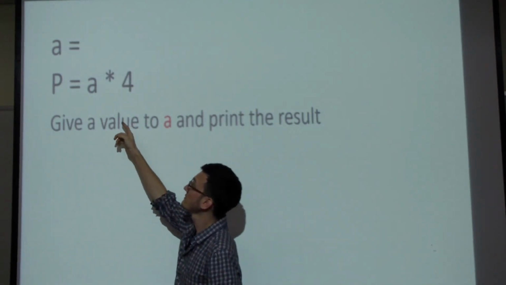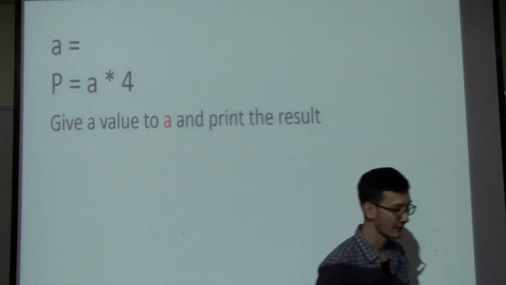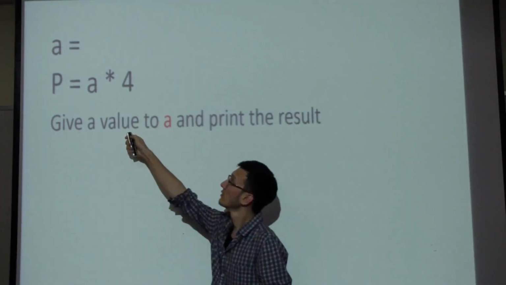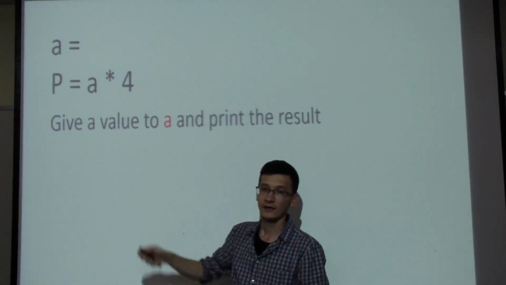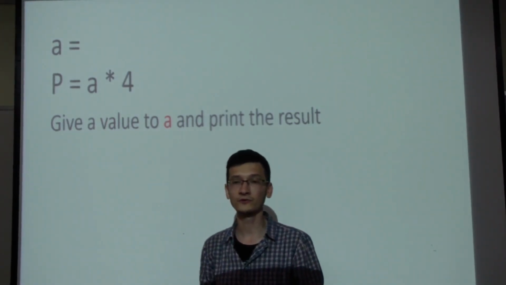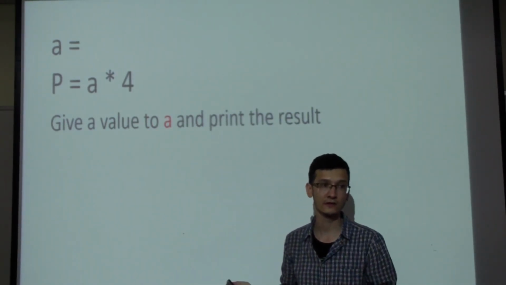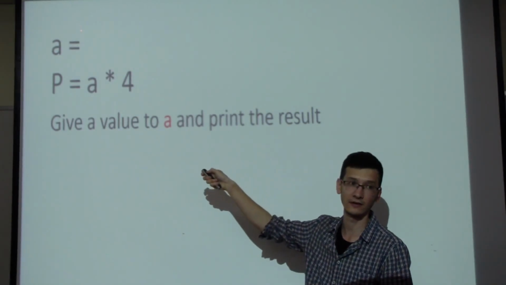In the previous class, we just had one variable, a, and we put a value for this variable, and we learned how to use the input command. Now just use the input command, not put the value here directly.